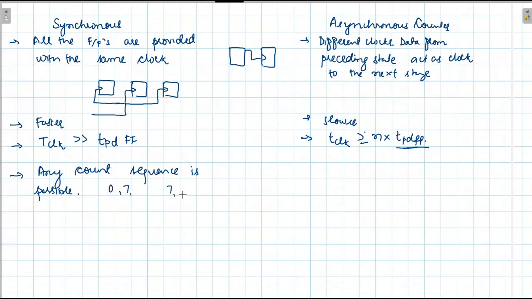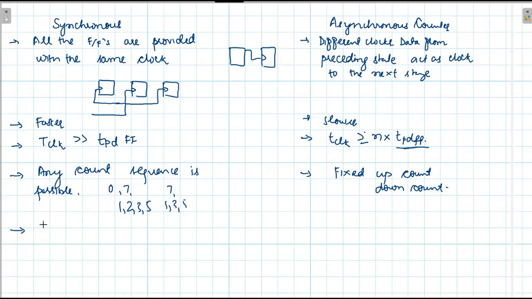It can count 7 first, it can count like 1, 2, 3, 5 or 1, 3, 5, whatever it may be. So it can count in any sequence. Here, in the asynchronous counter, it is fixed. Either it can go for up count or it can go for down count.